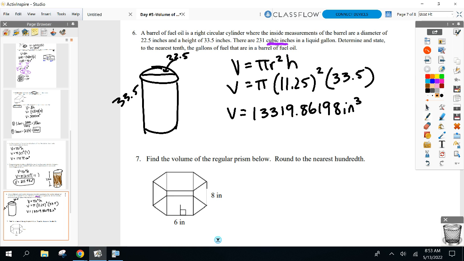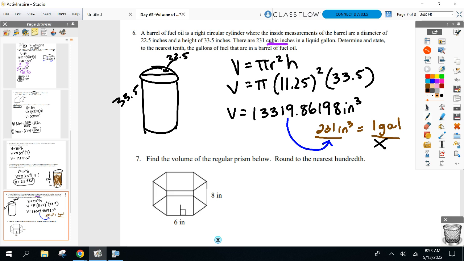First, write the conversion. 231 cubic inches equals 1 gallon. Write the conversion. Make a proportion out of it. Our volume was in cubic inches, so make sure it goes underneath the cubic inches in the conversion. And you can solve for what's remaining.